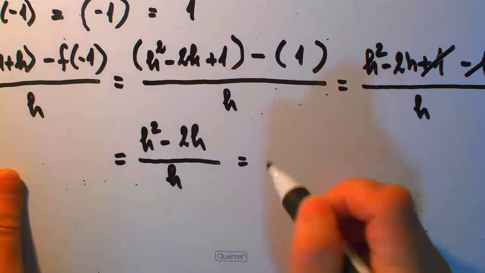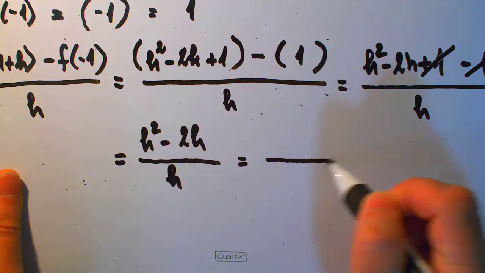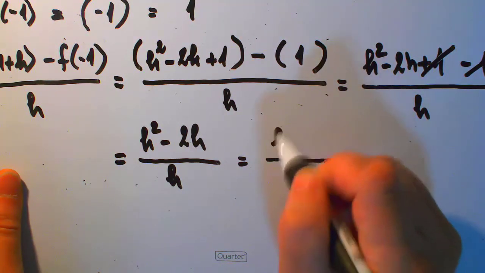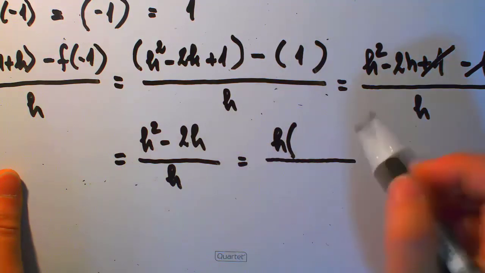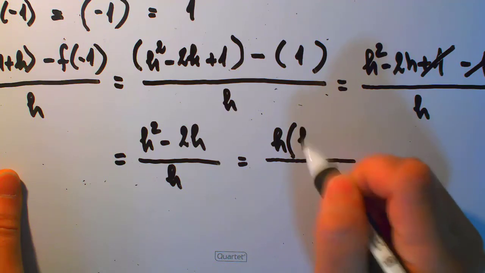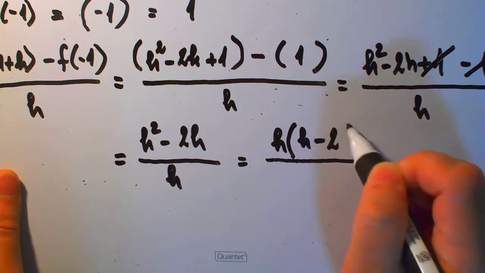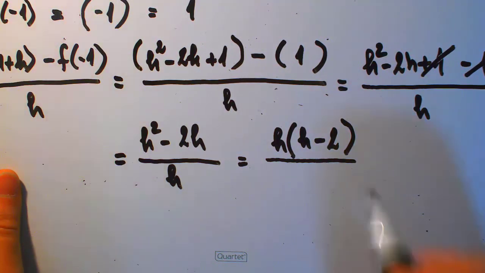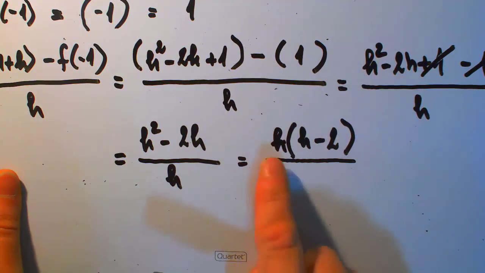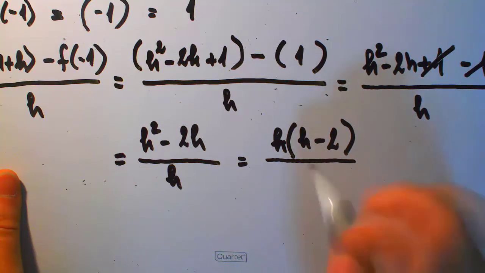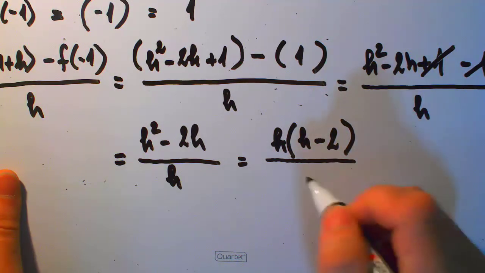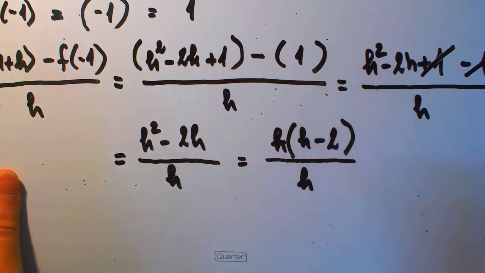And so algebra allows you to factor out the common factor in the numerator. So I would now have h outside of parentheses, and h minus 2 left behind inside my parentheses. So what it says here is we have h times, in parentheses, h minus 2. So these two are now factors, divided by a lonely factor h in the denominator.